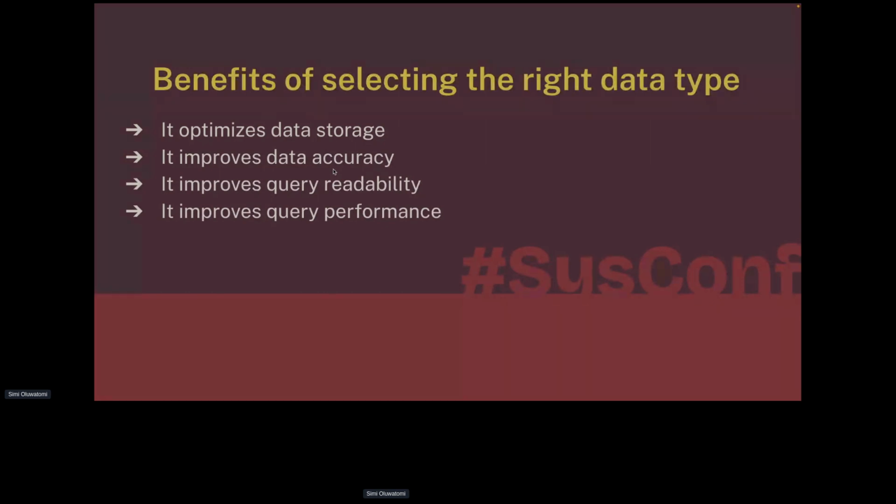The second benefit is data accuracy. Very early in my career, I dealt with something that I hope nobody ever does. I was working with a BVN API. We did the integration and then we went to sleep. The next day, the product manager says, users are complaining that their date of birth is wrong.